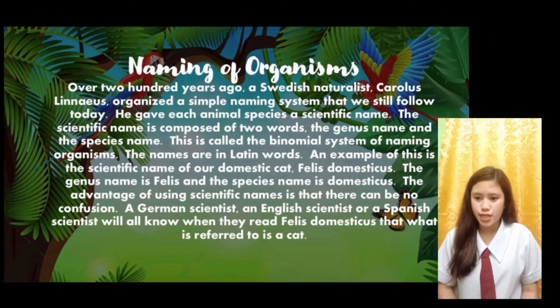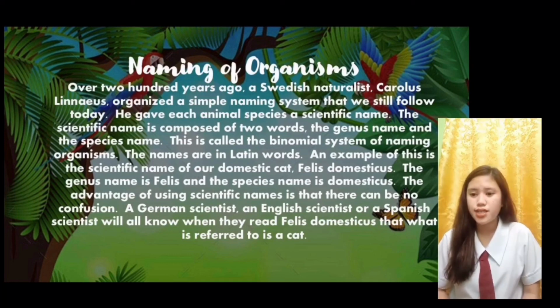Naming of organisms. Over 200 years ago, a Swedish naturalist, Carolus Linnaeus, organized a simple naming system that we still follow today. He gave each animal species a scientific name. The scientific name is composed of two words, the genus name and the species name. This is called the binomial system of naming organisms. The names are in Latin words.